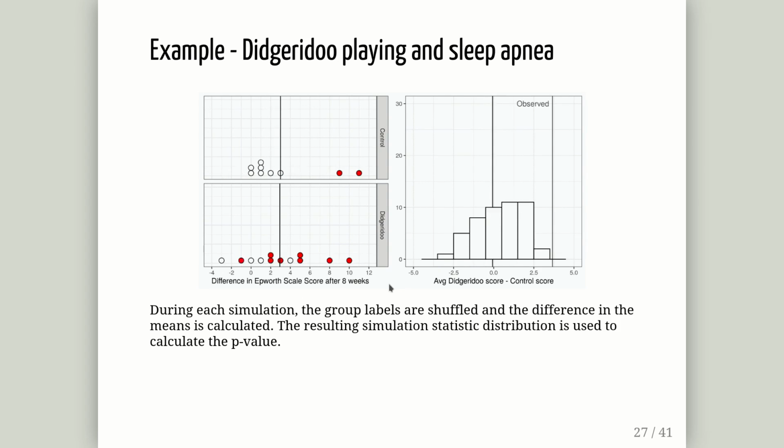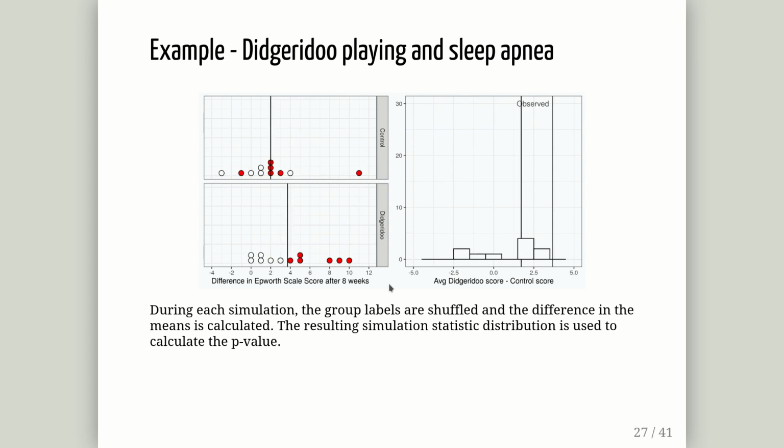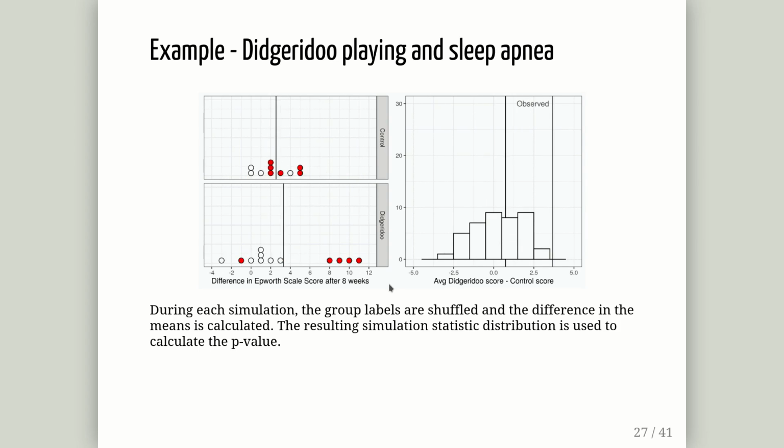In each simulation, you can see that there are assigned groups, so that's the different plots, and the points are still colored by the original group membership. So you can see that each group is a mix of observations from the control and the treatment group.